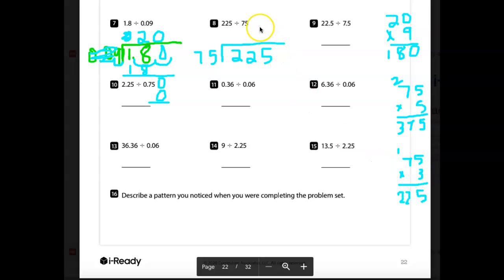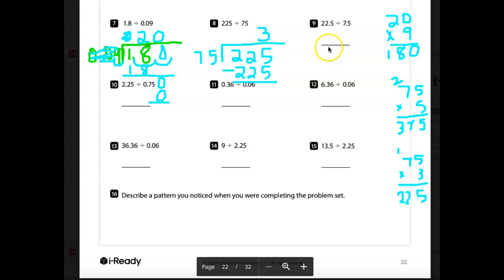So we're going to put a 3 over here, because 75 is going into 225 3 times. All right, so we've already done the math. 3 times 75, that's down here. 225, we can just fill that in. And we've got our answer. There are 3 groups of 75 in 225.